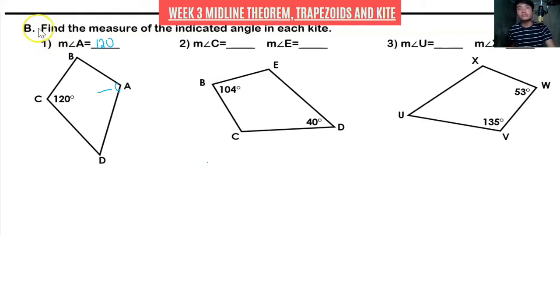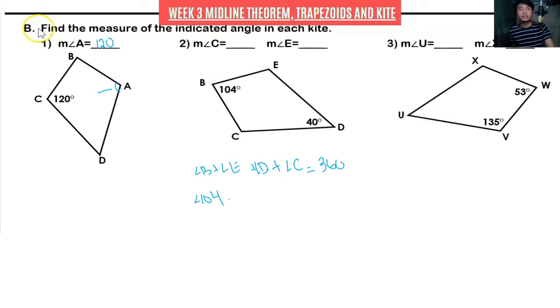Kapag dalawa lang ang given, gagamitin natin is lahat ng angles or yung apat na angles, angle B plus angle E plus angle D plus angle C is equal to 360. Bakit? The measure of angles on a quadrilateral is equal to 360. Lagi mong tatandaan yan. So, dito may measure siyang angle B which is 104.